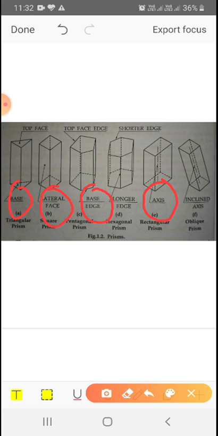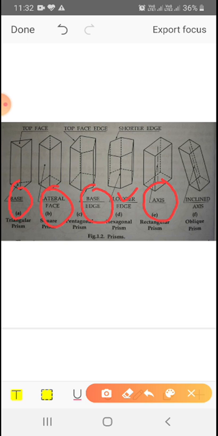What about the longer edge? The edges connecting the corners of the two end faces are called longer edges or lateral edges.